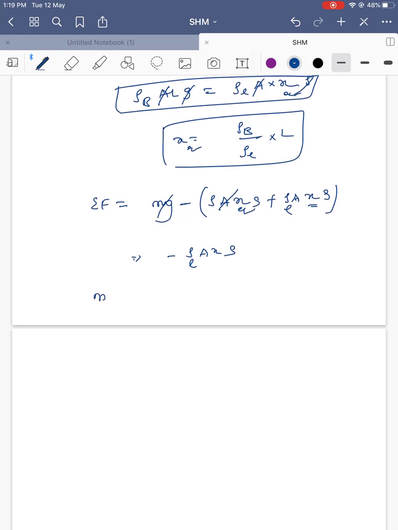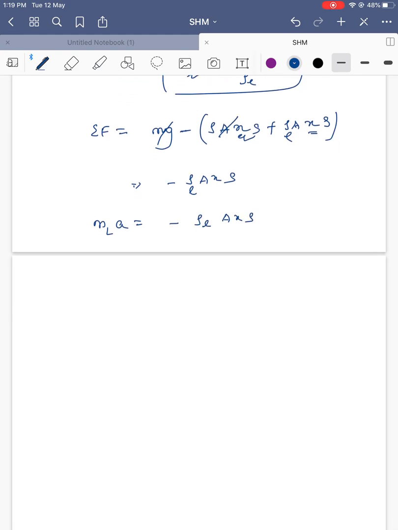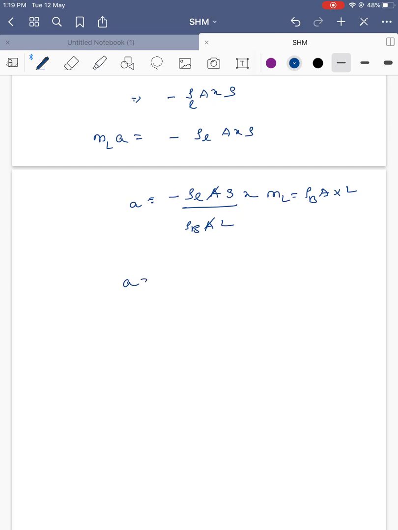Net force is equal to mass of log into a, which is equal to minus rho L into A into x into G. What is the total mass of the log? Density of body into area into total length L. If you write this, minus rho L A G x by rho B A L. A gets cancelled and a is equal to minus rho L G by rho B L into x.